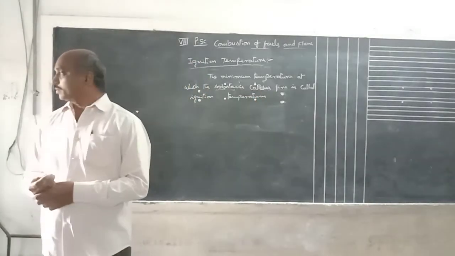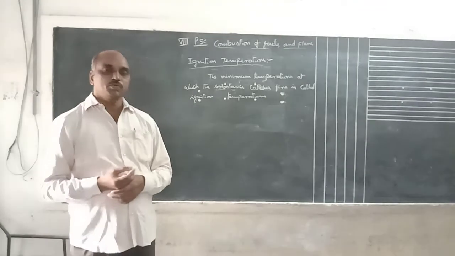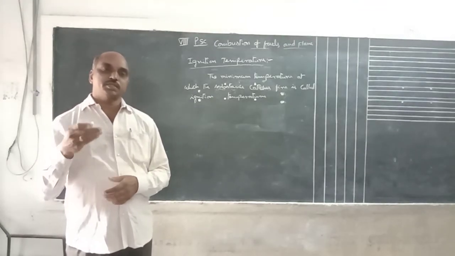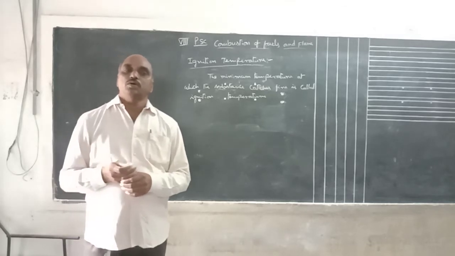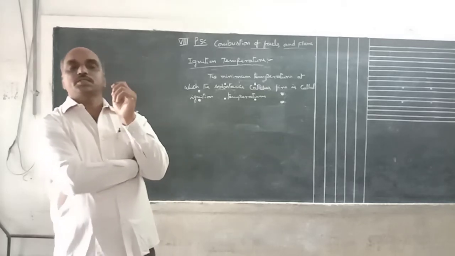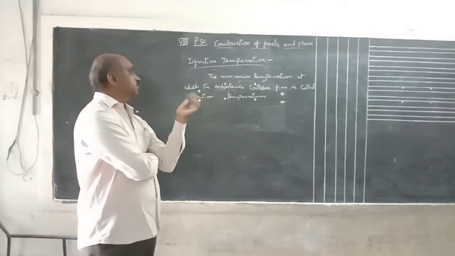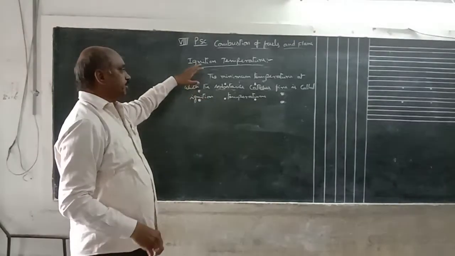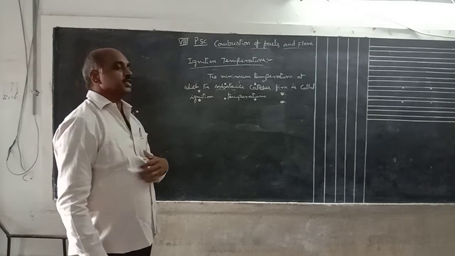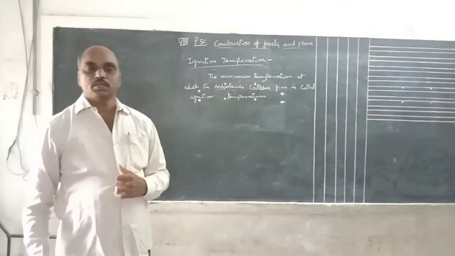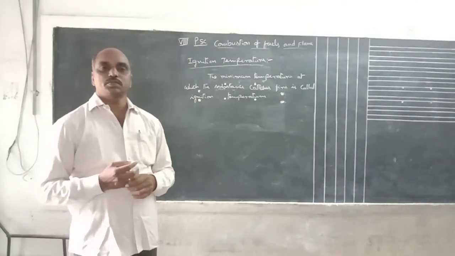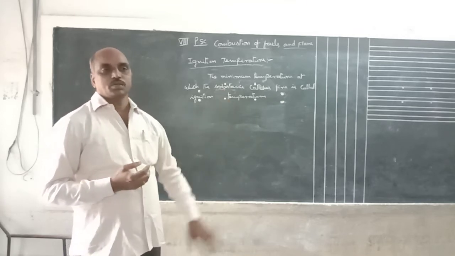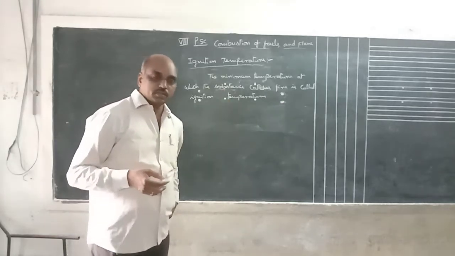Suppose we heat a wooden piece, it won't catch fire immediately, because it has not yet reached its ignition temperature. That's why it does not catch fire. See, the minimum temperature at which the substance catches fire is called ignition temperature. And there is another activity in this.